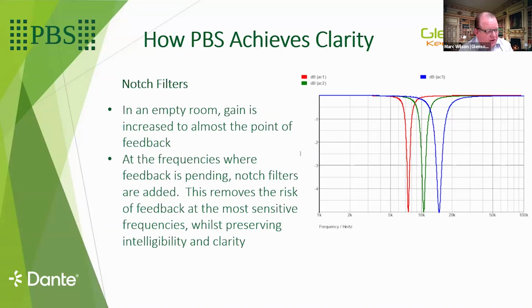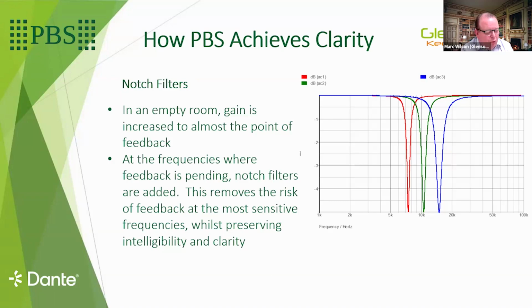Another process for achieving greater clarity is that we use notch filters. In the empty chamber, we take the gain up to the point of almost feedback, where you can just start to hear it ring. When it's just starting to ring, you can identify these frequencies and add notch filters at the key frequencies where feedback is most likely.